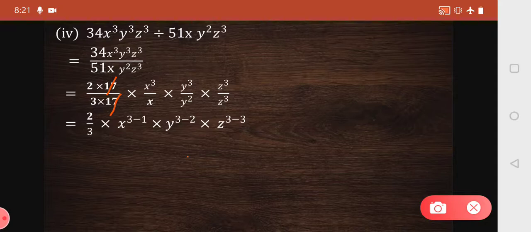So here 17 is cut, so we will be left with numerical value 2 upon 3. You can see this 2 upon 3 is left as the numerical coefficient into x raised to 3 minus 1 according to the law of exponents, then y cube upon y square, that is y raised to 3 minus 2. Similarly, z cube upon z cube is z raised to 3 minus 3.